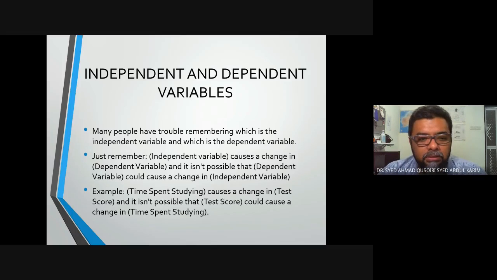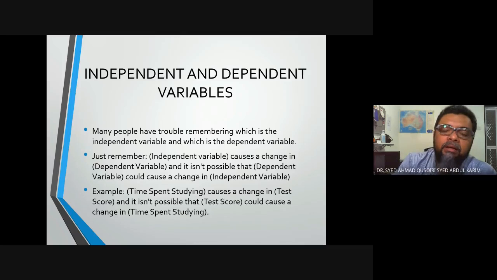Just remember that the independent variable, because it is independent, causes a change to the dependent variable. It isn't possible that the dependent variable could cause a change in the independent variable, because the dependent variable depends on the independent variable. So you can remember it in that way.